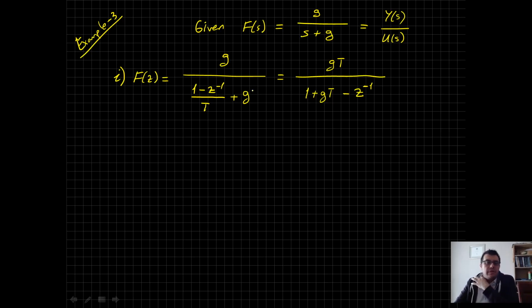If you don't know, you can expand this. It's basically g times t here under one denominator t, and this t goes up, so you have gt there. 1 minus z^-1 plus gt, so this is 1 plus gt minus z^-1. That's nothing but y of z over u of z. That's the output to input ratio of our system.